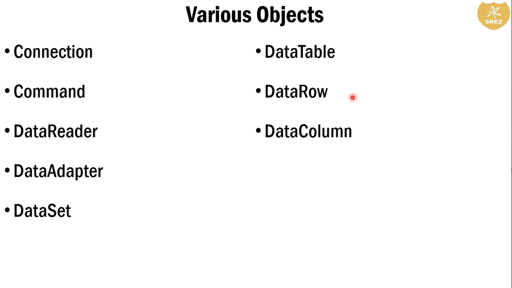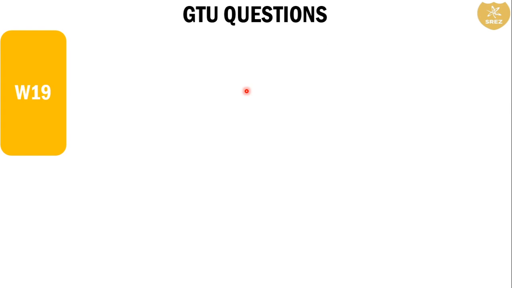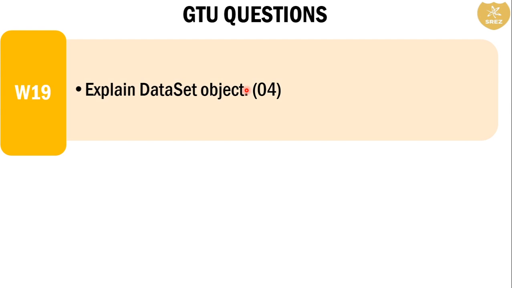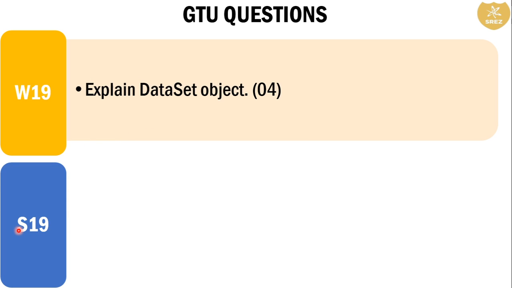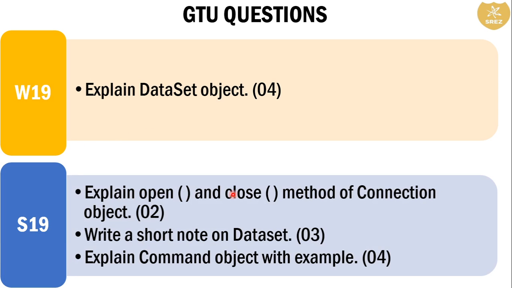So these are the objects, and GTU has asked about these objects in the previous years' question papers. In winter 2019, they asked about the data set object in 4 marks. In summer 2019, they asked the two methods, open and close method. We will see in detail in future the open and close method of connection object, in 2 marks.